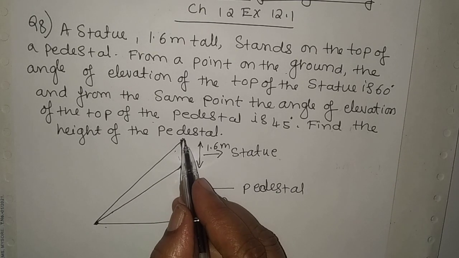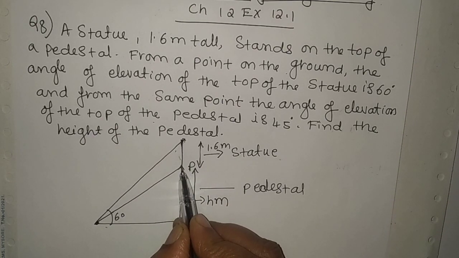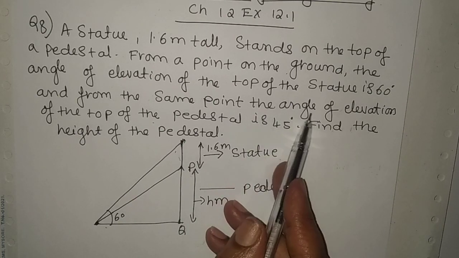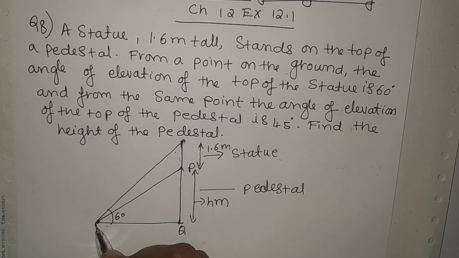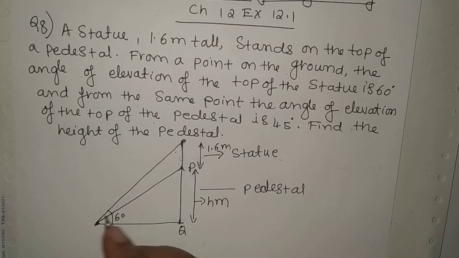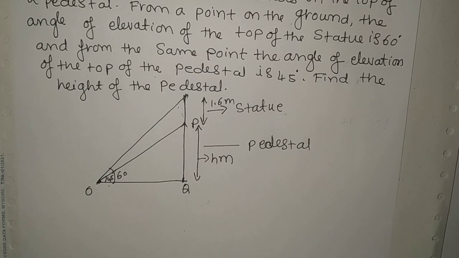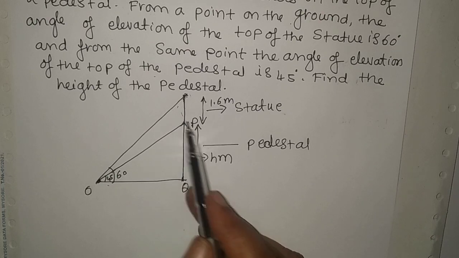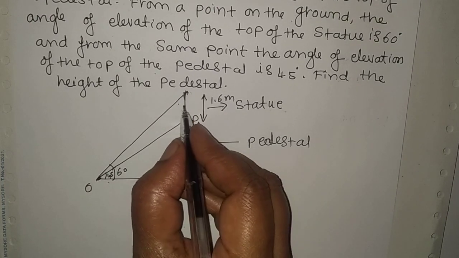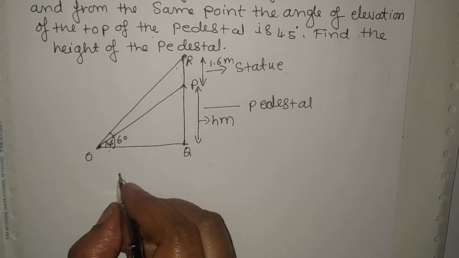From the ground to the top of the statue is 60 degrees, and the top of the pedestal, the angle of elevation is 45 degrees, and give the point here O. So this is the top of the pedestal, this is the statue, this is 1.6, and the name we have given is R here. Okay, now we'll start the problem.